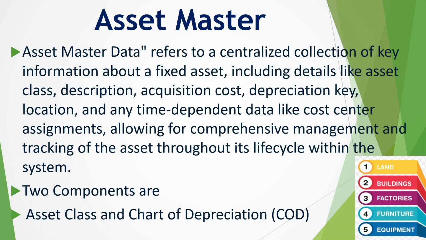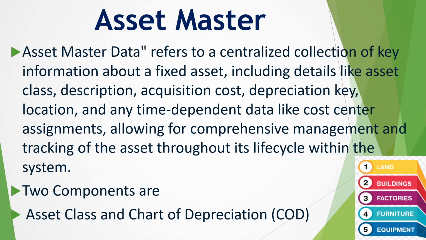So in detail, asset master contains all these items in an asset master record. An asset master record is made of two components. Basically, it has two parts, two segments, or whichever way you explain it.